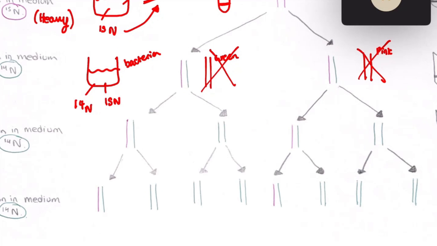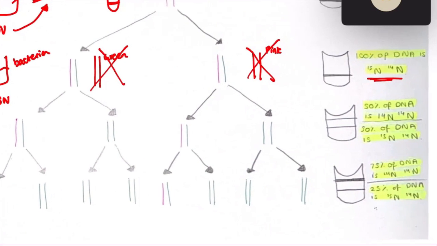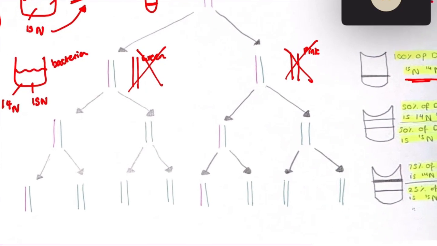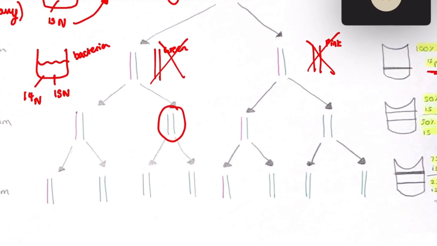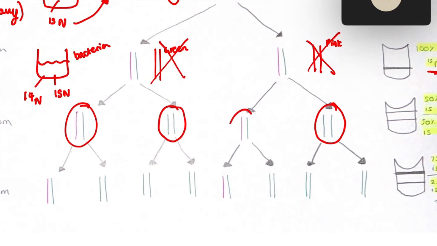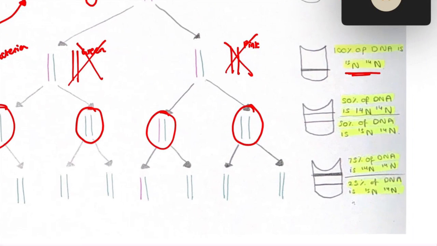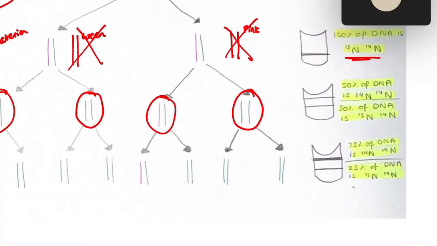This time we get two lines on our centrifuge, because remember, green is for lighter DNA. We have the lighter DNA, and then we have the heavier DNA, 15N and 14N over here. So 50% of the DNA is 14N, 14N, and 50% of the DNA is 15N, 14N.